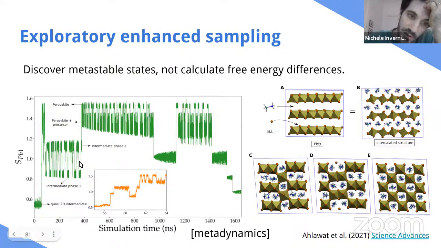And it was nice because we were able to identify 2 intermediate phases that were not known before, and that had been observed afterwards in an experiment by some experimental group. So the goal of this was not to calculate free energy differences. As you can see, we don't even go back to the initial state, not even once, but it was more to discover new metastable states.